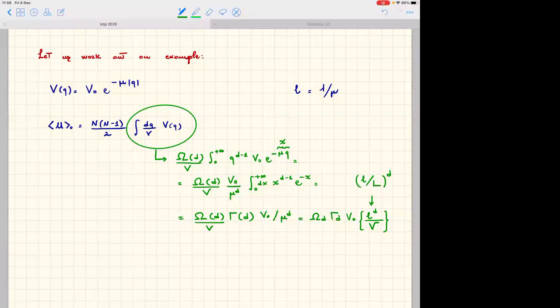Good. Now, what I obtain is that this is equal to, after this integration, n times n minus 1 divided by 2 times omega d times gamma d times v naught times L divided by little l to the power d.